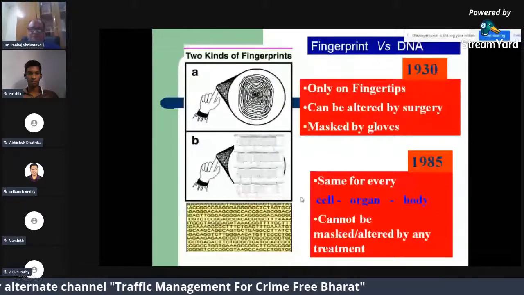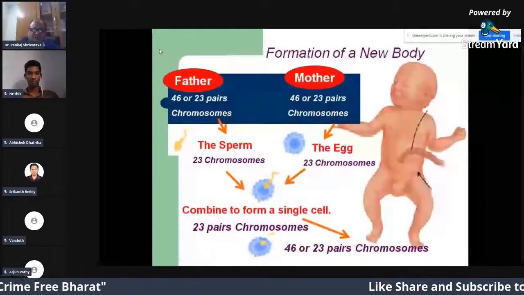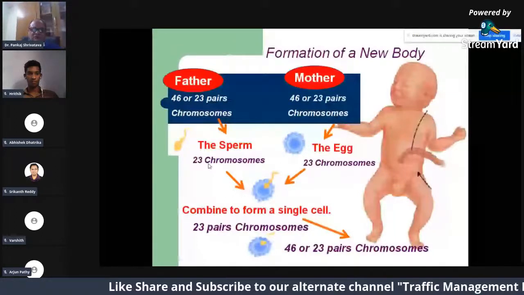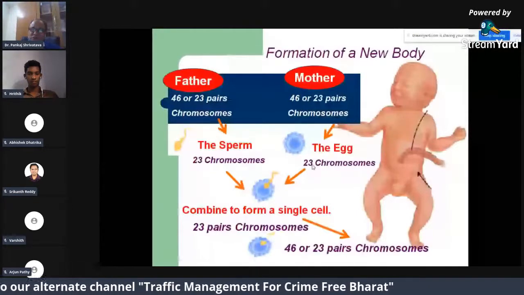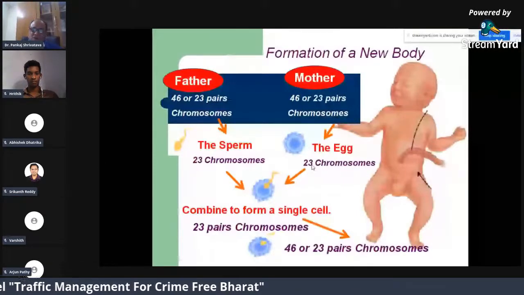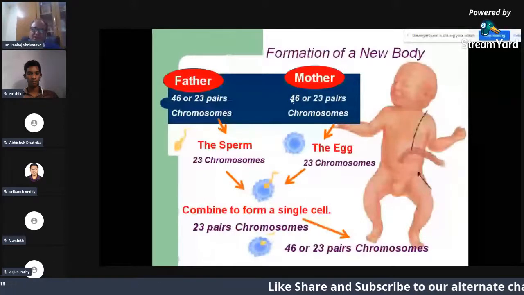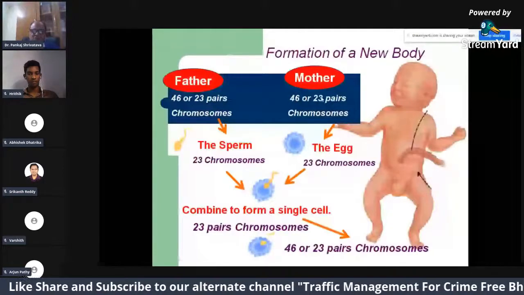Okay, so this is how the body is made. The father gives sperm, the mother gives egg. Sperm has 23 chromosomes, egg has 23 chromosomes. Actually, it is not 23 in total, you have 23 pairs of chromosomes. The total number of chromosomes in humans is specific to every species: for humans, it is 46 or 23 pairs.